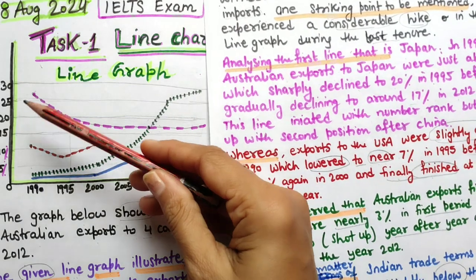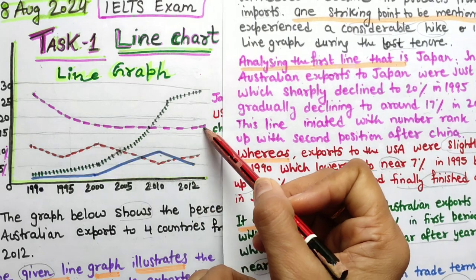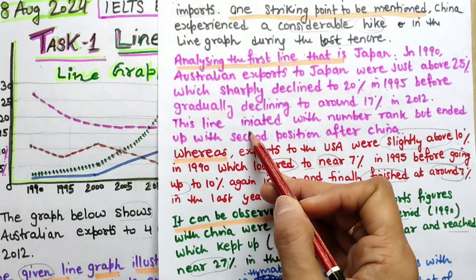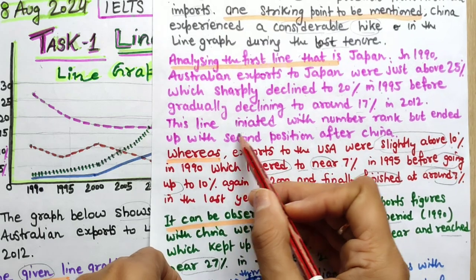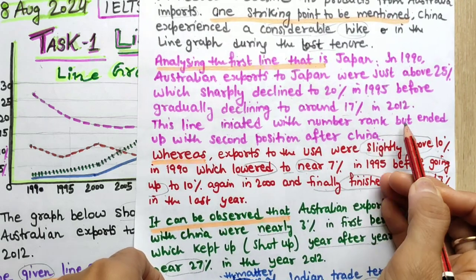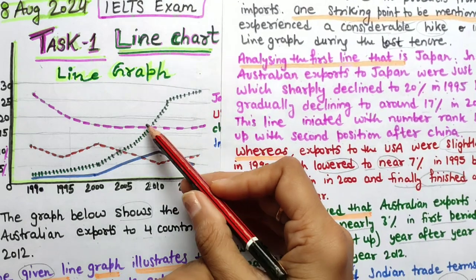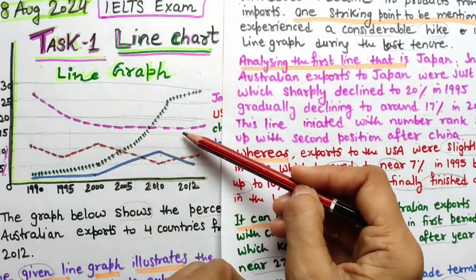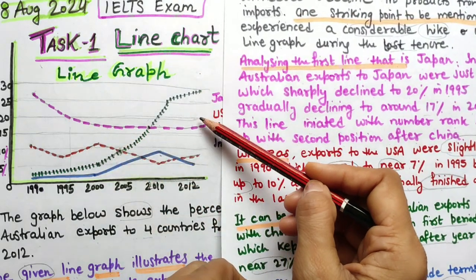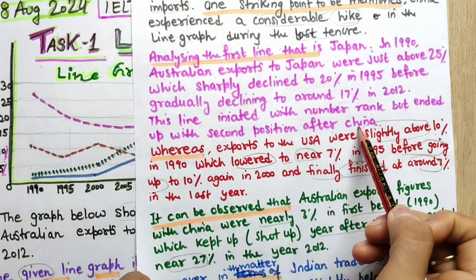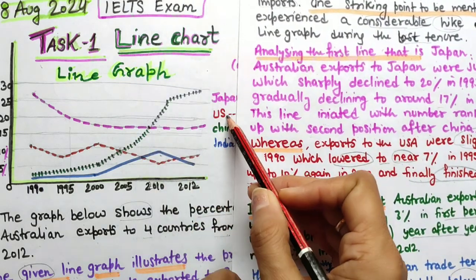So we have talked about the first year, 1995, and the final year. Another important thing about this line: it initiated with number 1 rank but ended up in second position after China. Now the red line means US.